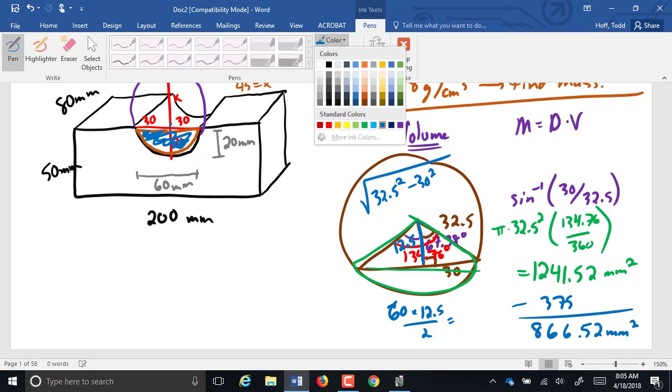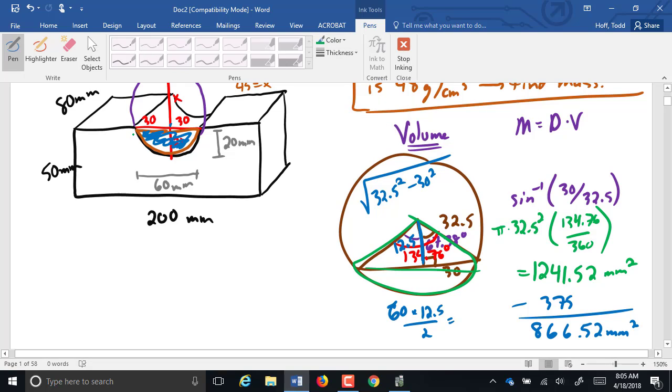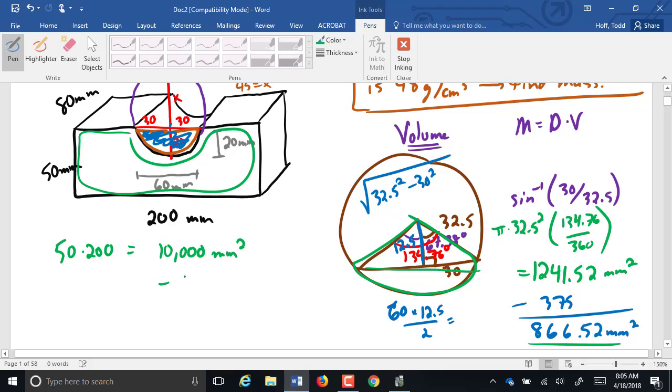Now remember when we did volumes, we said volume was an area times a distance. So we're going to find this area right here, which is going to be the 50 times 200 millimeters, otherwise known as 10,000 millimeters squared, right? Minus the 866.52 millimeters squared, which is 9,133.48 millimeters squared.